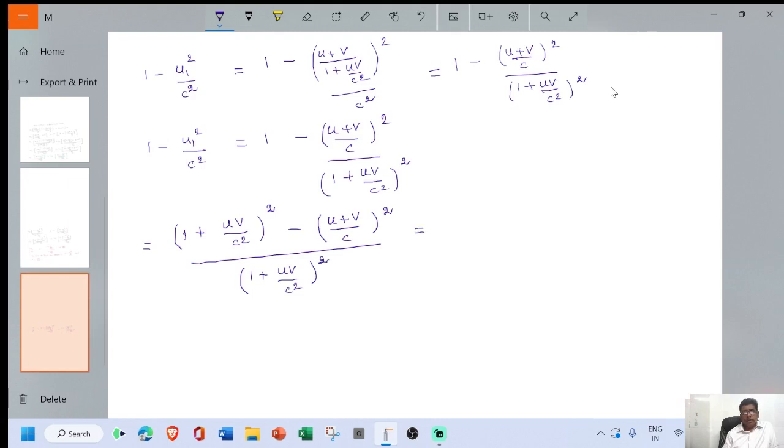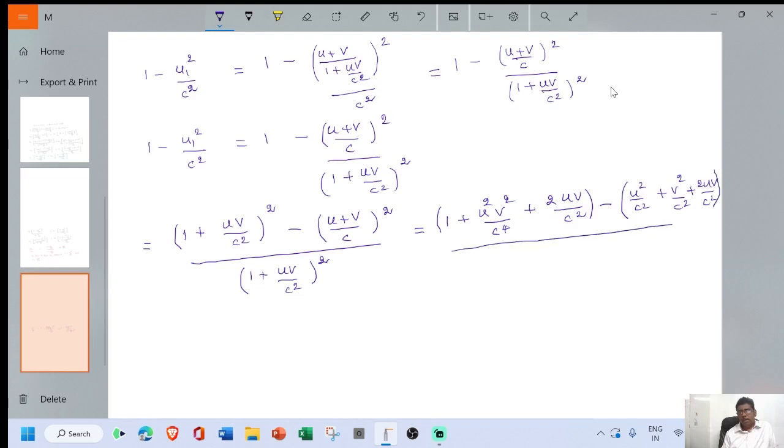Expand this: 1 plus u square v square by c power 4 plus 2uv by c square, a square plus b square plus 2ab, minus of u by c plus v by c whole square, a square plus b square plus 2ab, that is 2uv by c square, whole divided by 1 plus uv by c square whole square.